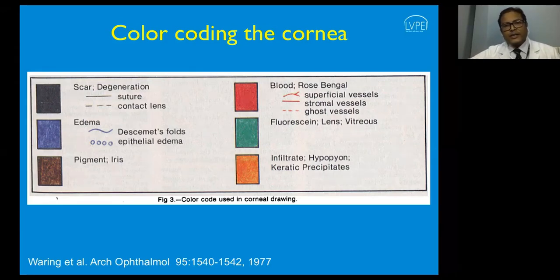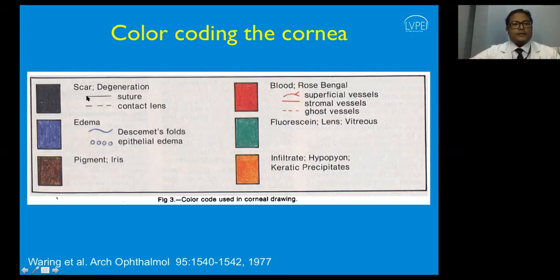The standard notation that we have here is black for scars and degeneration, blue for edema, brown for pigment, blood will be red, and fluorescein green. All the infiltrates can be yellow or orange.